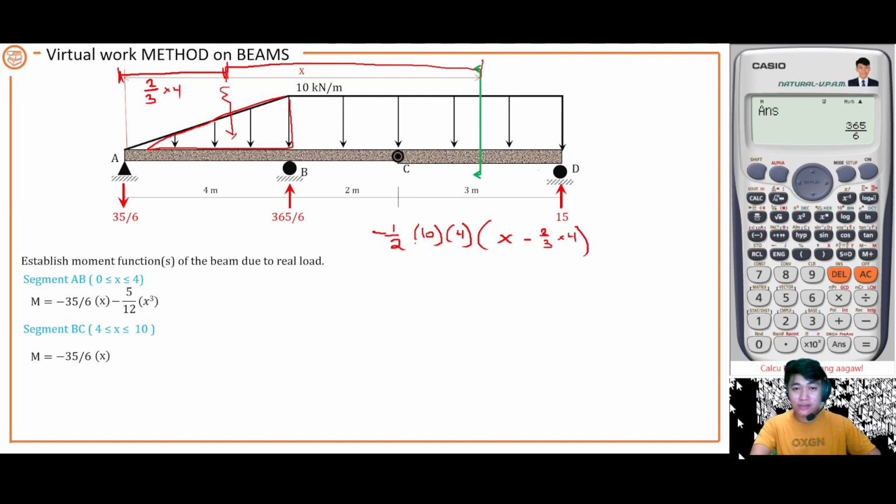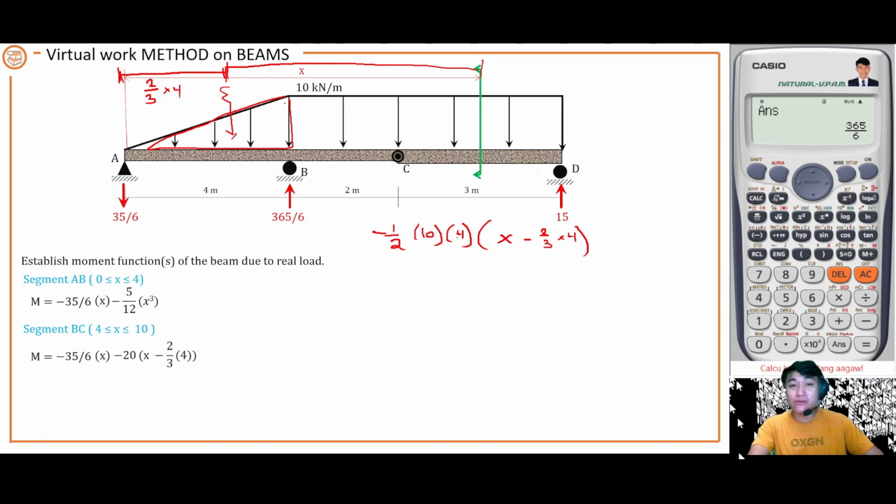Now, simplifying this, so this is 5 times 4, 20. Negative 20 multiplied by x minus 2/3 of 4. You can just simplify this if you want.